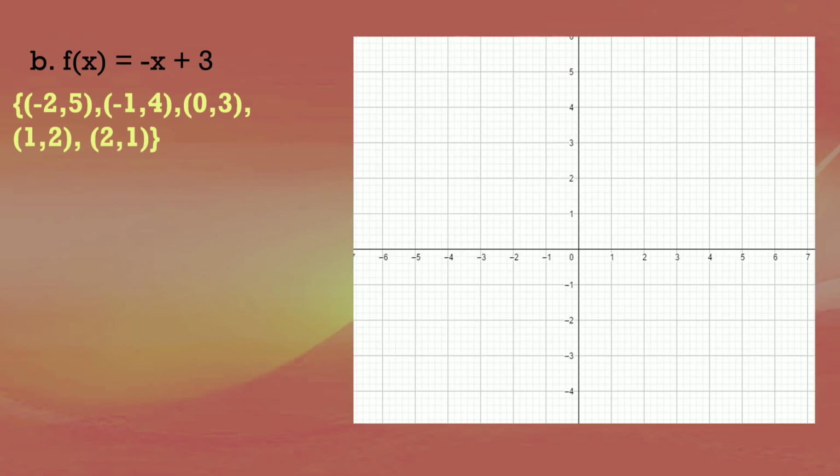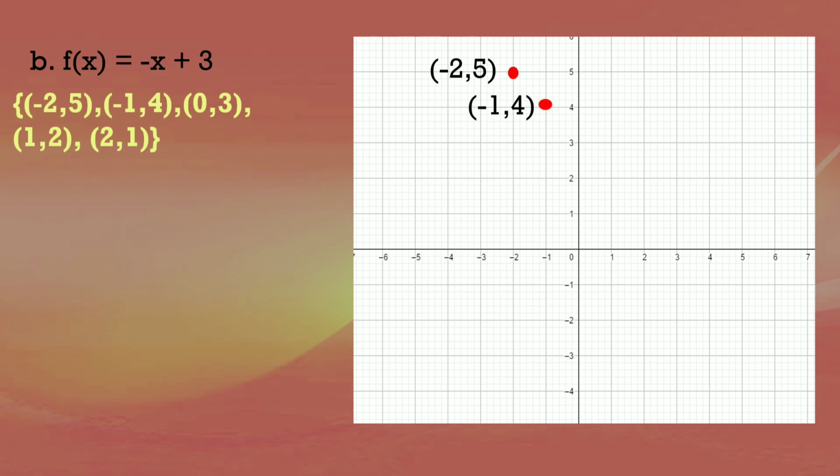Lagyan naman natin yung letter B. We have f of x equals negative x plus 3. Ito yung mga ordered pairs niya: negative 2, 5; negative 1, 4; 0, 3; 1, 2; 2, 1. I-plot natin siya sa graph. Si negative 2, 5, nasa quadrant 2. Si negative 1, 4, sa quadrant 2 pa din.